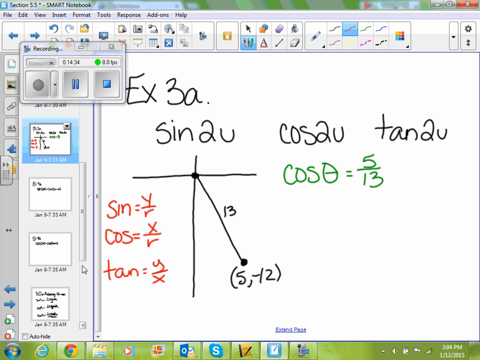And I know that sine is y over r, cosine is x over r, and tangent is y over x. So then I know that my x is 5, my y is -12, and my r is 13. And they gave you this diagram, just so you know. So I know that x is 5, y is -12, and r is 13.